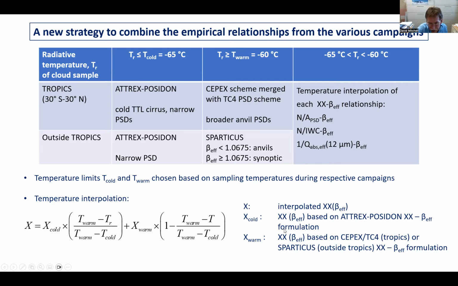Then we have a cold value based on the ARM and Poseidon relationships, and a warm value based on the CPEX and TC4 relationships. And we interpolate between those 2 extremes. Those extremes would be at minus 65 and minus 60, and between them is where we interpolate.